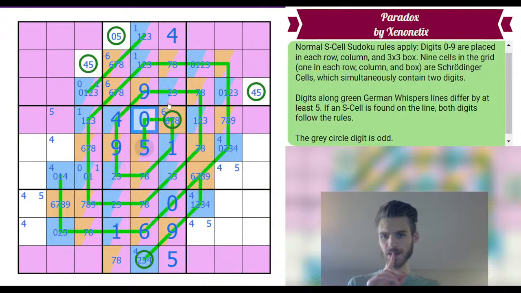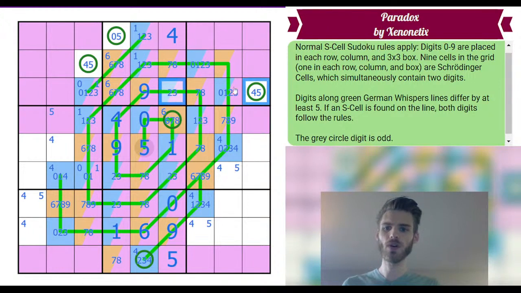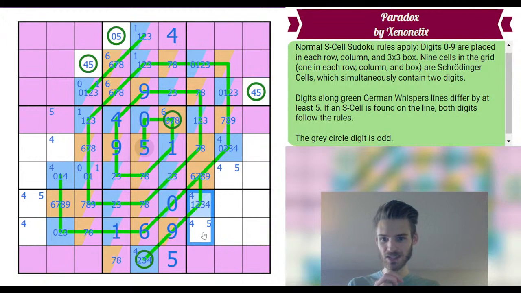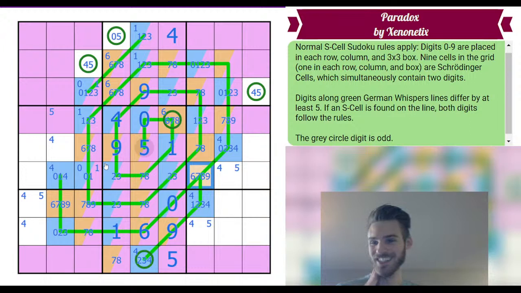I know that because there's a 2 or 3 next to it. Wait, we have all our low digits. No, we don't. I thought we had all our low digits because there's a 4 in here. Do we have any rows where there's all the low digits that we haven't really grasped yet? Is there anywhere where S cells are unhelpful? It feels like with this variant in particular, S cells are more unhelpful than helpful.